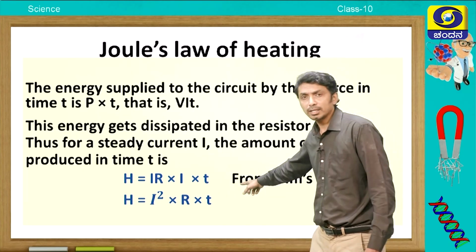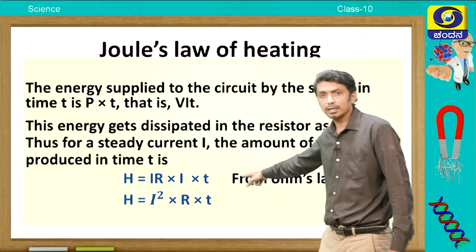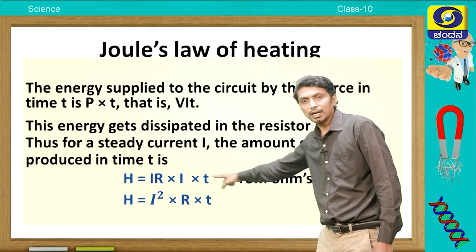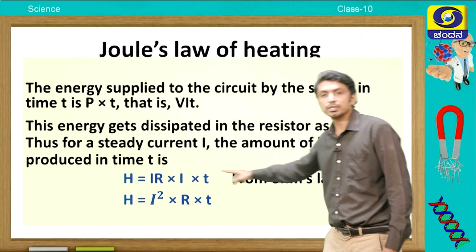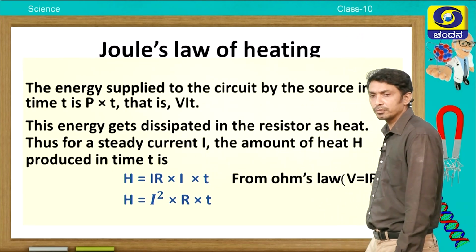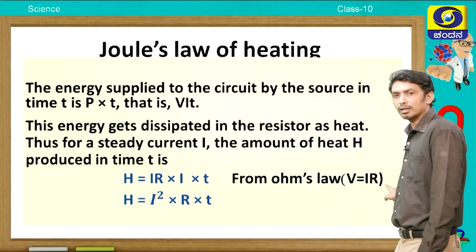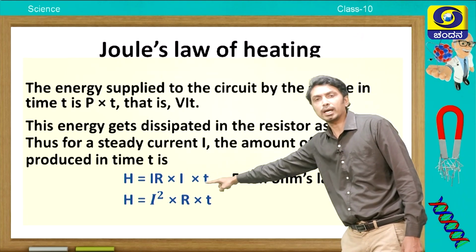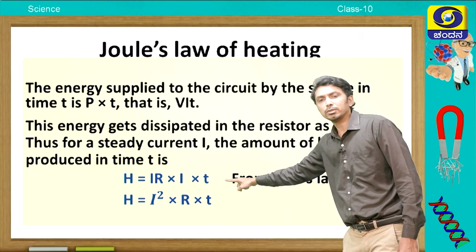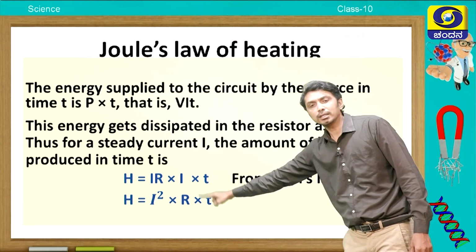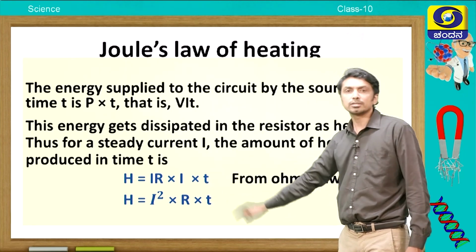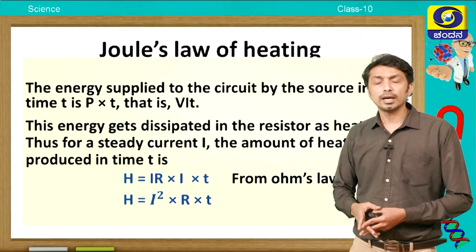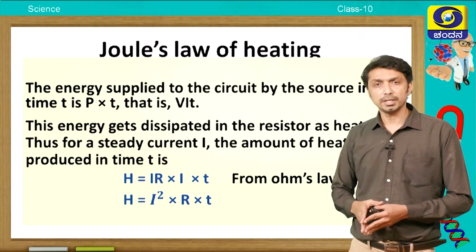And here on the right hand side you can see we have written IR into I into T. IR is from Ohm's law, that means V is equal to IR. So in place of V we have substituted IR, and into I into T. So what will we get here? I into I is I square, and R T. This is what we call Joule's law of heating.